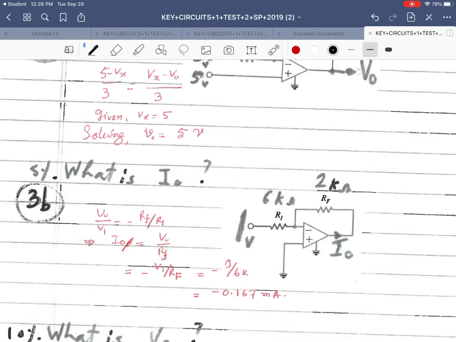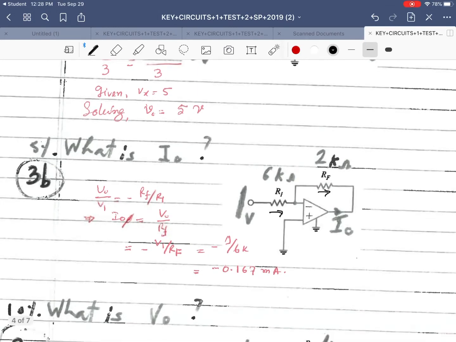This second one here kind of looks like a mess, but I promise you it's really not. It's very similar to what we just did. And so we want to find the current, right? We know that the current here and the current here are going to be the same because these resistors are in series.